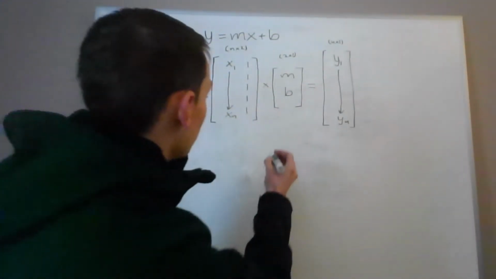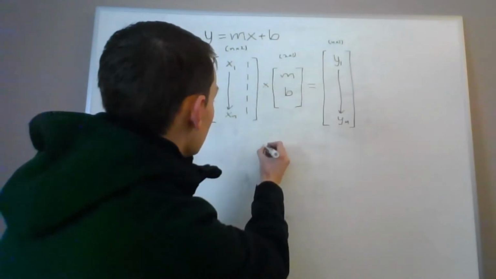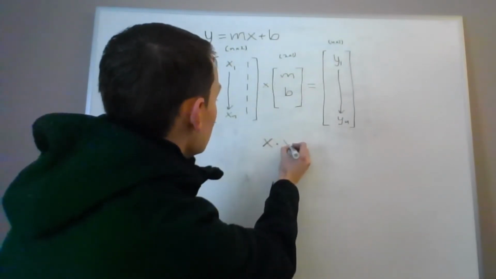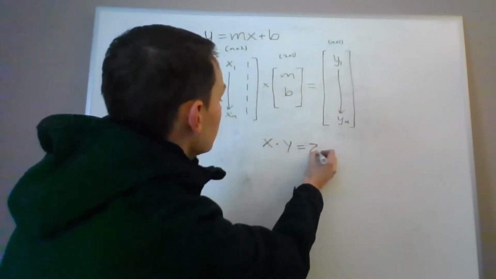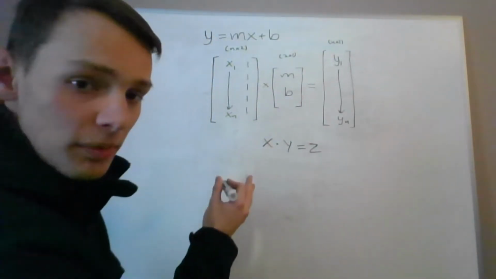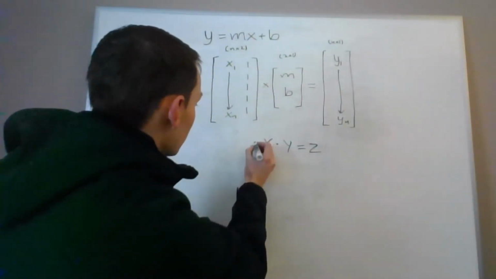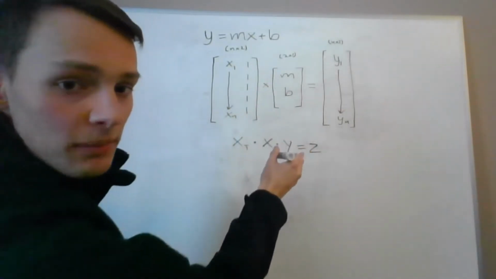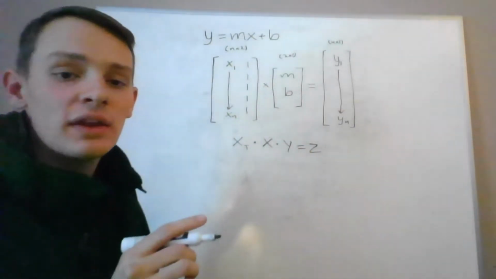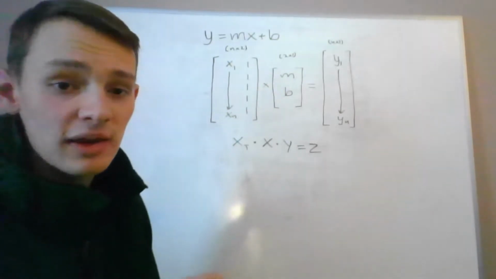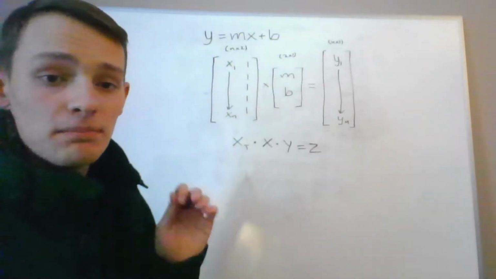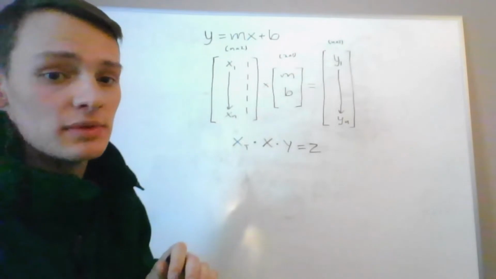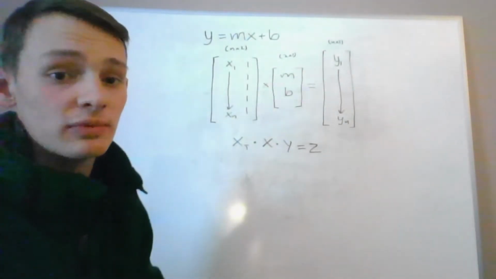So let's start this by denoting our matrices. So we have x times y equals z, like I said before. And then I'm going to multiply the left-hand side by the transpose of x. And I'm going to multiply the right-hand side by the transpose of x. There is something important here that I do need to mention. Matrix multiplication is actually not commutative, meaning the order does matter.